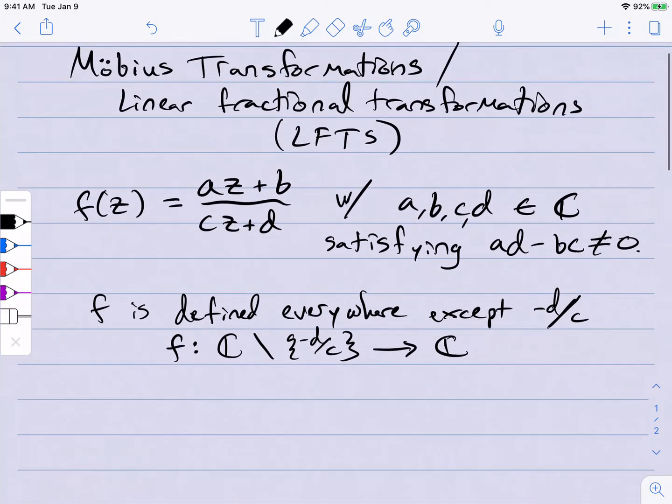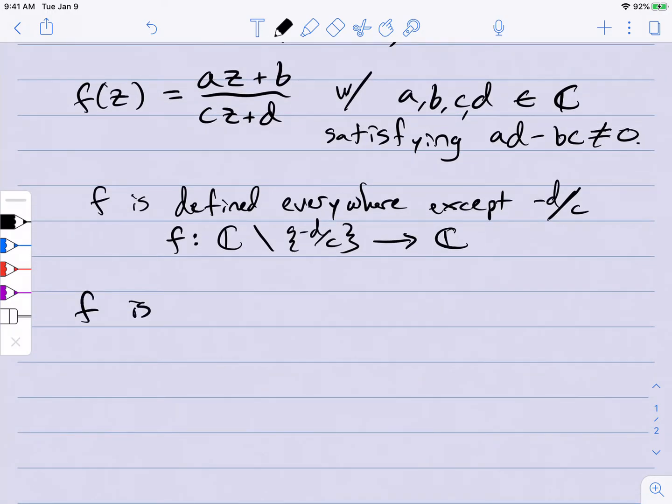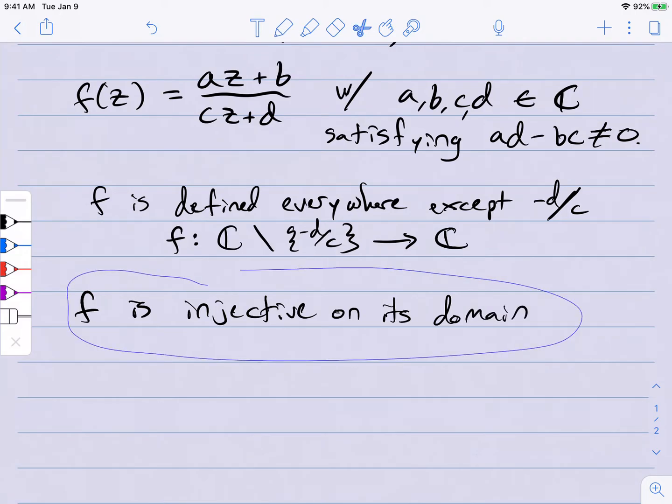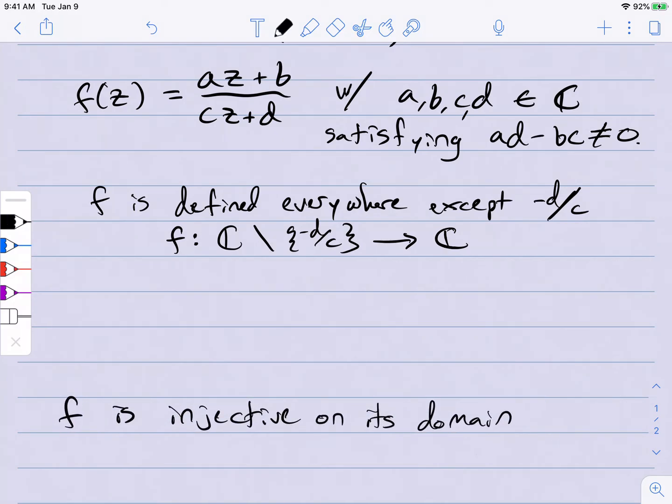So the next thing to say, I think, is that f is injective on its domain. Oh, one thing I wanted to add before saying that. I claim actually that f is holomorphic where it's defined. So note that this function is holomorphic.